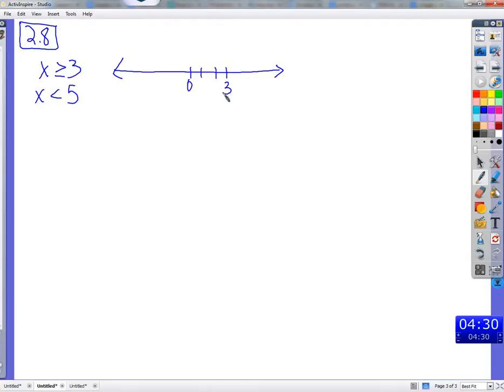If we wanted to show that x was equal to 3, what would we put here? Just put a point right there. x is equal to 3. Can x be equal to 3? Yes, x is equal to or greater than 3. How do I convey to you in this picture that x can be greater than 3?